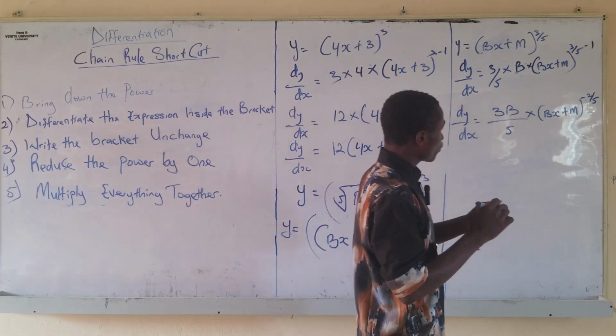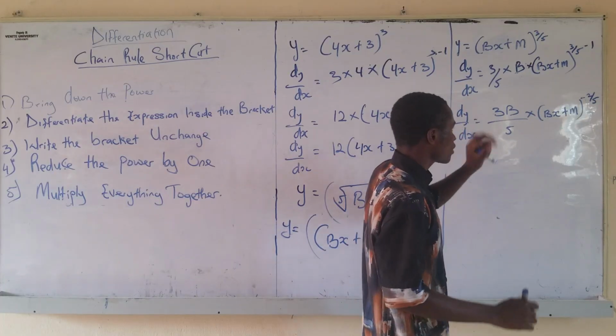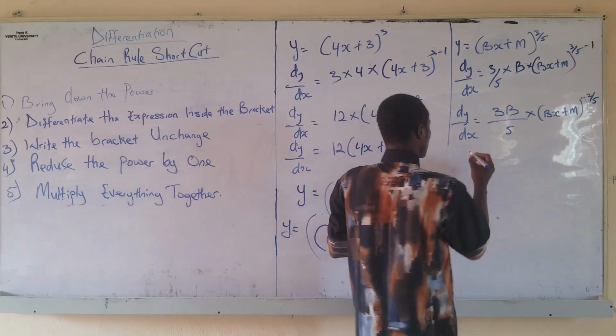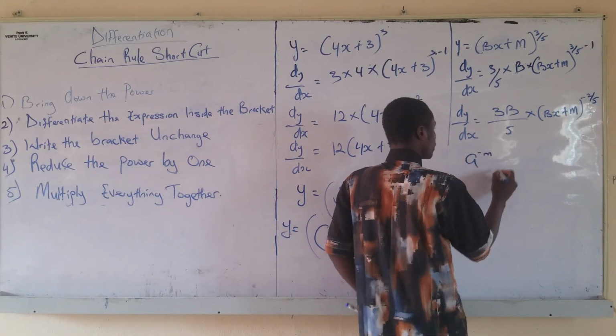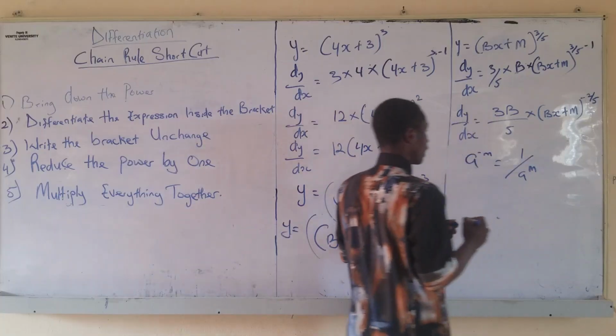Let's first look at a way to eliminate this minus. To eliminate this minus, we use the law that a raised to power minus n is equal to 1 over a raised to power n.